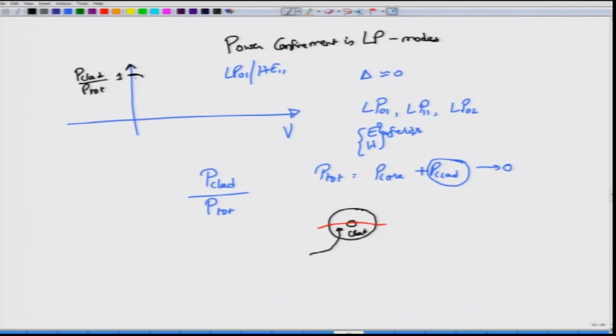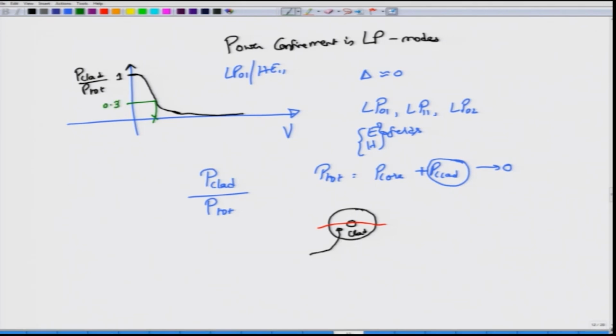But when you start moving away from V equal to 0, you will see that the power in the cladding starts to go to 0. Let us look at the special case of 2.4. At 2.4, the corresponding power ratio that you will see is just about 0.3.